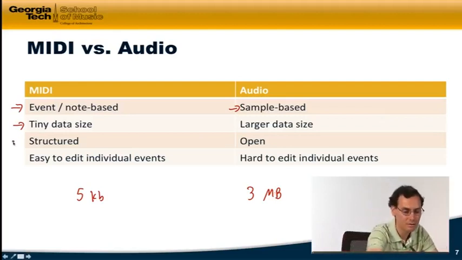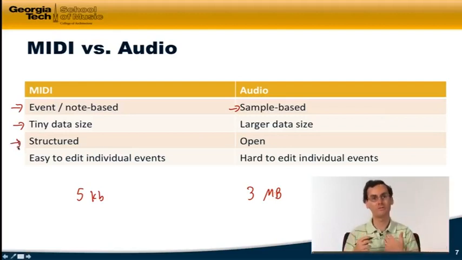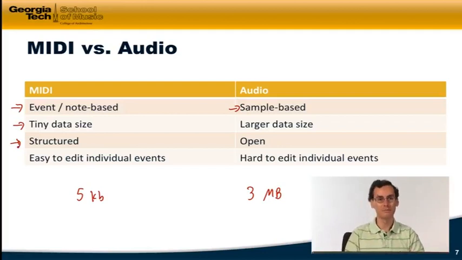Obviously, these different formats are better suited to different kinds of things. MIDI, as we saw, was a highly structured representation of musical data that represents music as a series of notes that are played at particular pitches, that are played at particular attack velocities, and so on and so forth. And so that might be very good for representing certain things, like playing a piano keyboard.